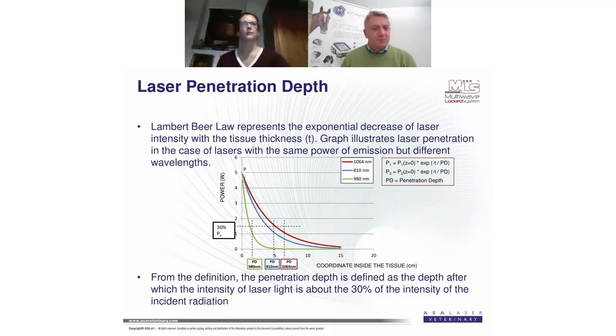The wavelength is important, and the power is important, because the wavelength can carry the power into deep structures, and more power means more effect. Of course, not all wavelengths can reach deep structures, but depending on the wavelength, we can reach different levels of the skin and tissue. So the trigger factor of the penetration is not only the power, but the wavelength, which is the carrier of the power.